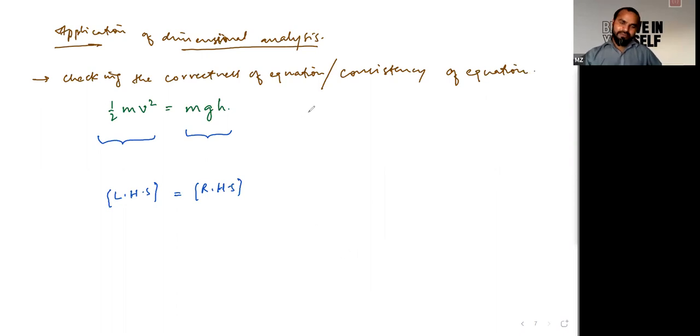When we have solved for the left-hand side, LHS, we have half as a number, so we can neglect that part. M is mass, velocity is L T to the power minus 1, squared. So it will be M L squared T raised to the power minus 2.